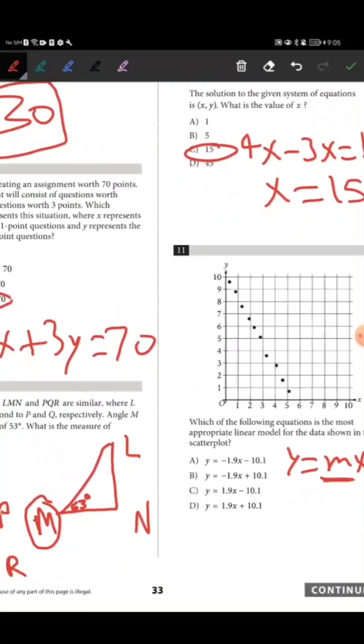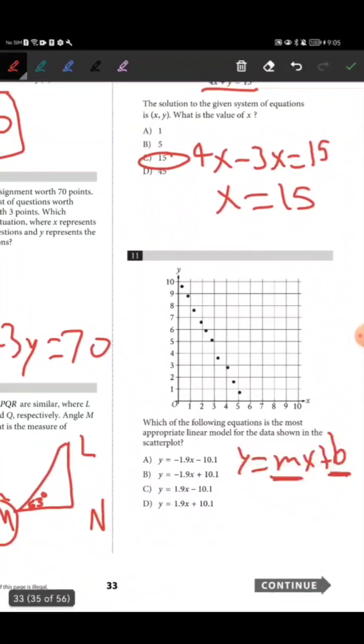So let's find the slope. Let's pick 2 points on the scatter plot. So the x values increase and the y values decrease. So the slope here is in a negative form. So we're gonna exclude C and D.